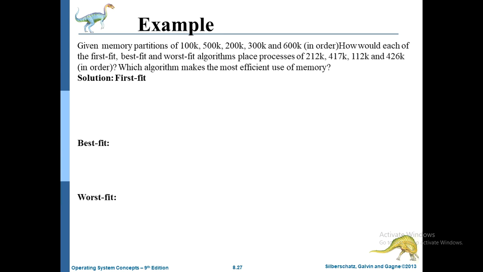Here we have memory partitions with sizes 100K, 500K, 200K, 300K and 600K. Totally we have 5 memory partitions. In that we need to fit 4 processes, of sizes 212K, 417K, 112K and 426K, right?